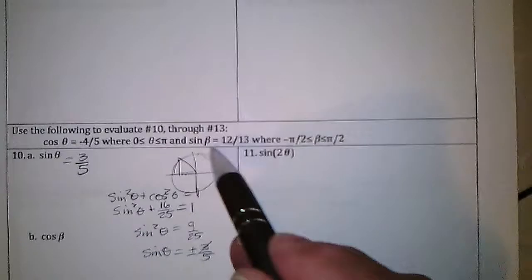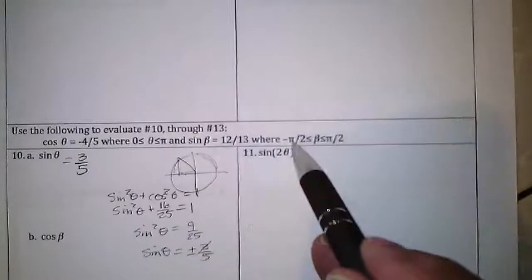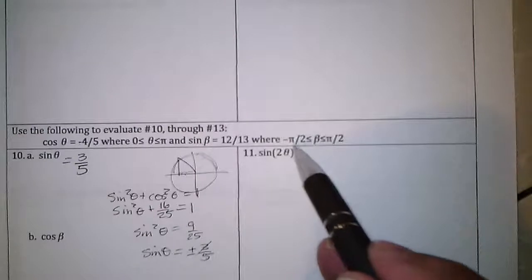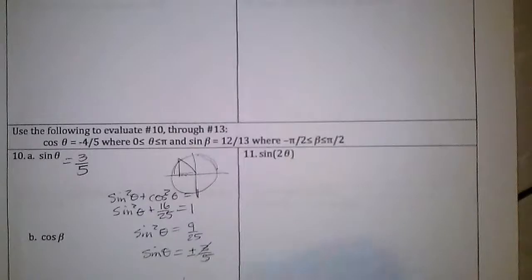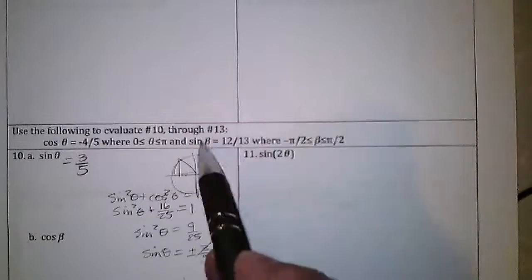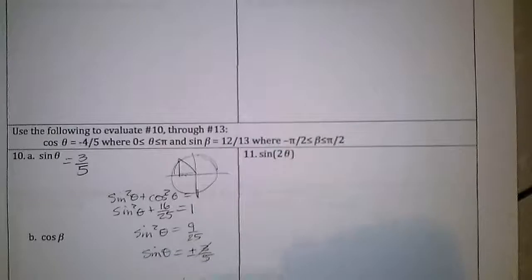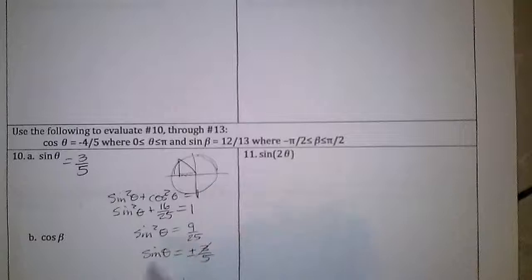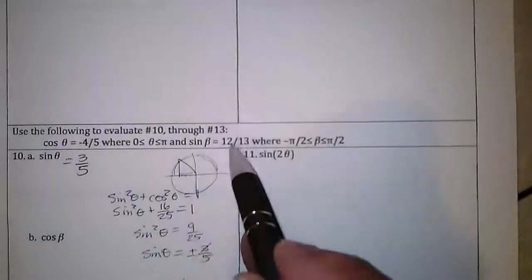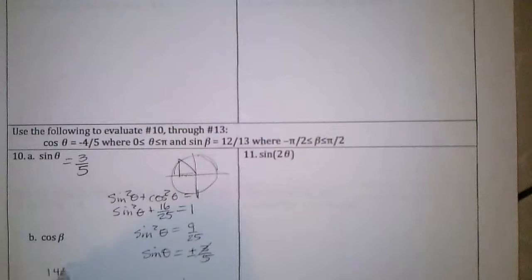Now, cosine beta, the sign is positive, and it's somewhere between negative pi over 2 and pi over 2, which is in the first and fourth quadrants. And sine is positive, and it's pretty big, so it's got to be up something like this. So the cosine is also going to be positive because that forces us to be in the first quadrant. And I'll use sine squared plus cosine squared equals 1, and the sine squared would be 144 over 169 plus cosine squared beta equals 1.